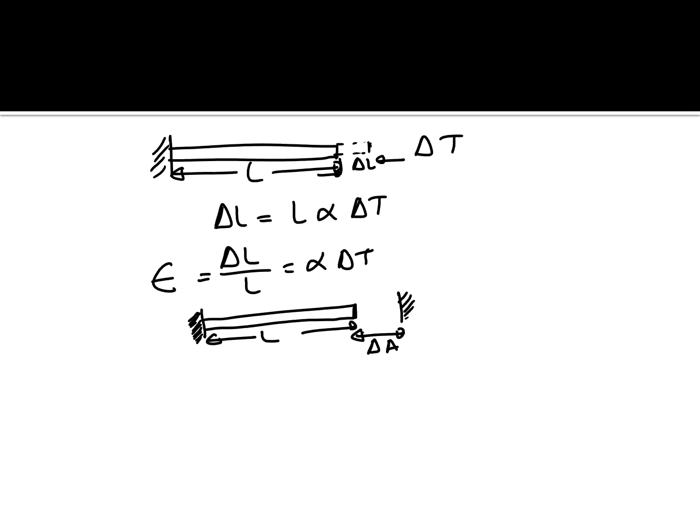Now, if delta L is greater than delta A, then you will have mechanical stress. If delta L is less than delta A, then there's going to be no mechanical stress. Why? Because it is not going to touch the wall.